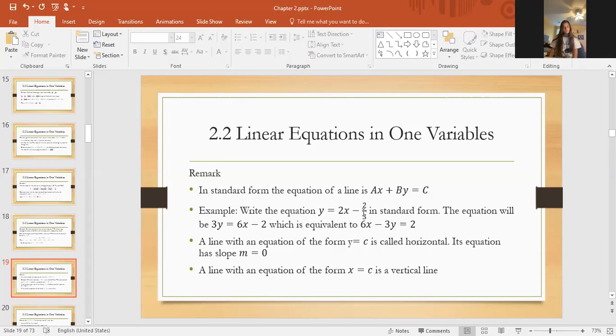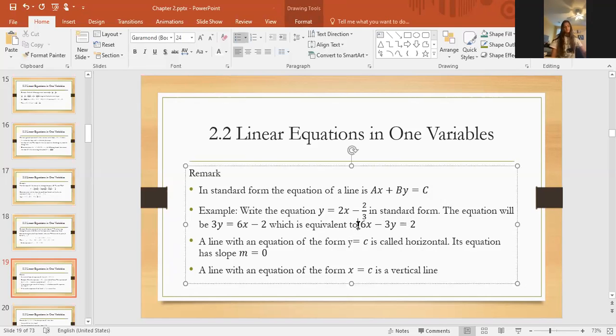We multiply through by 3. You multiply through by 3, you will have 6x minus 2, and use the cross product to get the equation. And in standard form, the equation becomes 6x minus 3y equals 2.